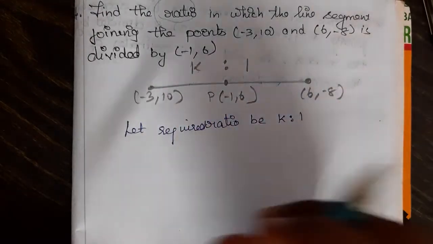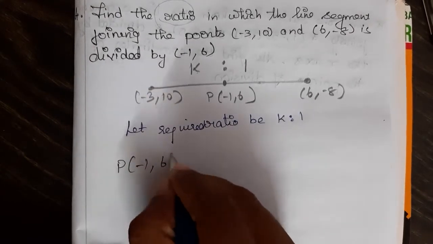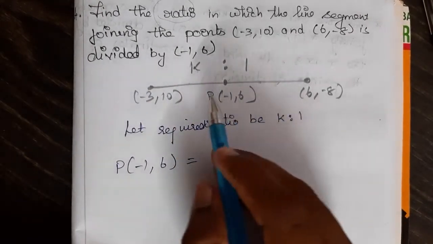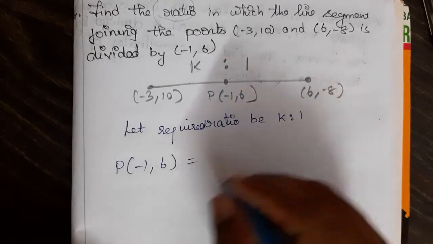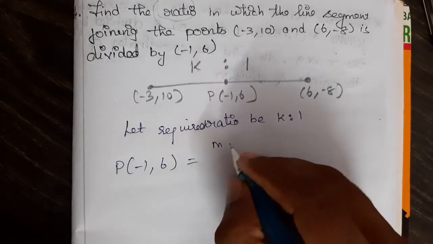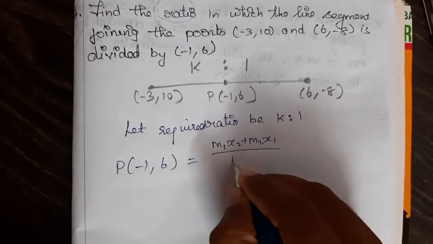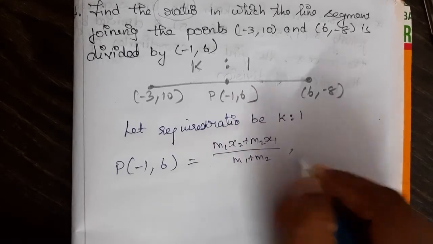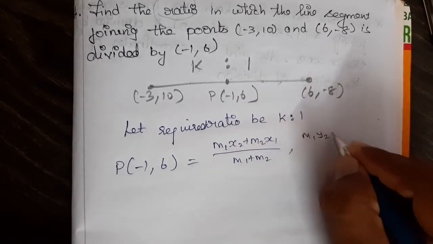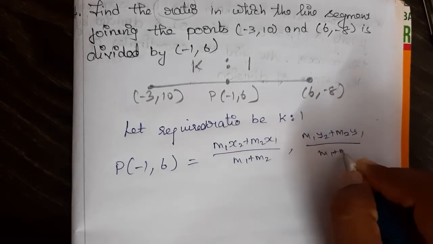So P of minus 1 comma 6 is equal to the formula. You can write that formula directly, you can substitute. Let me write and I will show you. m1 x2 plus m2 x1 divided by m1 plus m2, comma, m1 y2 plus m2 y1 divided by m1 plus m2.